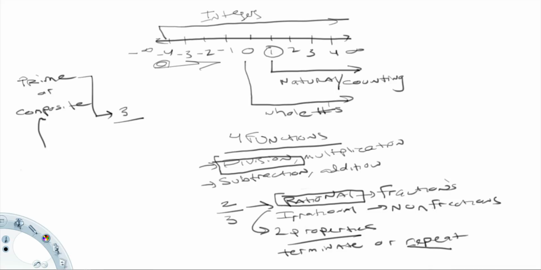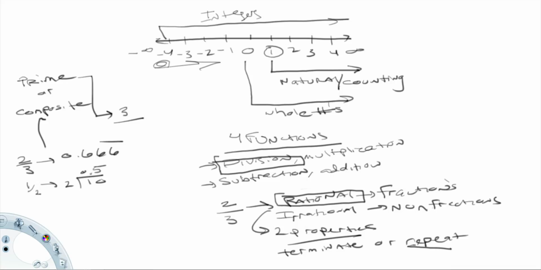So 2/3 in its decimal form was 0.666 and it goes on. That's repeating. What about 1/2? 2 goes into 1, it does not.